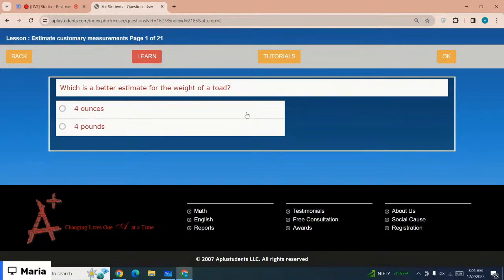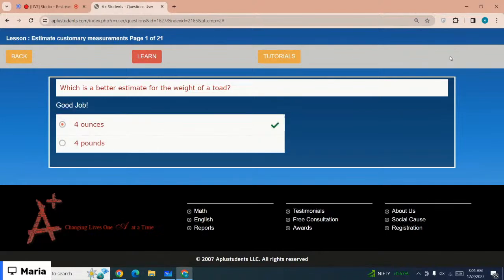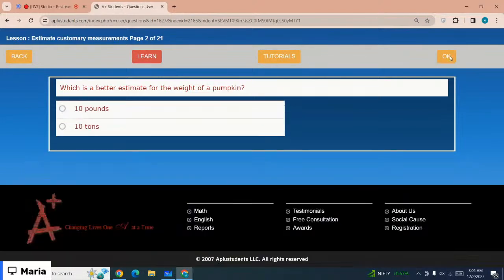I think 4 pounds is too much for a toad. The correct option is 4 ounces. A toad is another name for a frog, so 4 pounds is very big for a frog. It would be just 4 ounces, right?